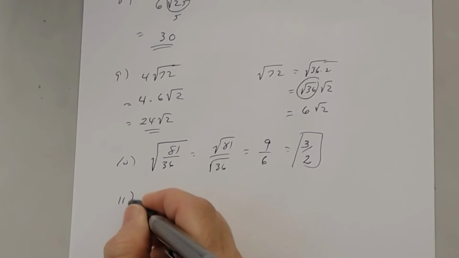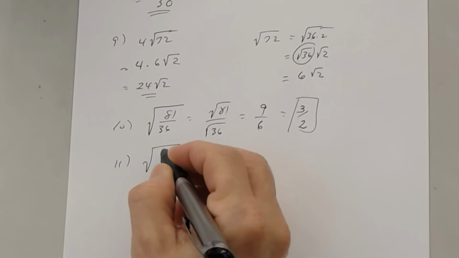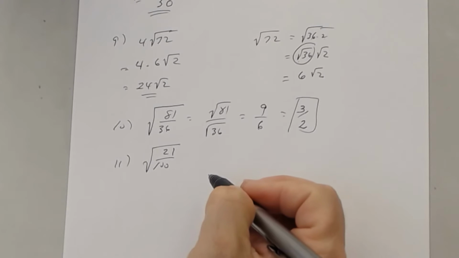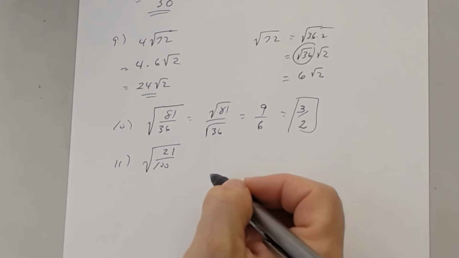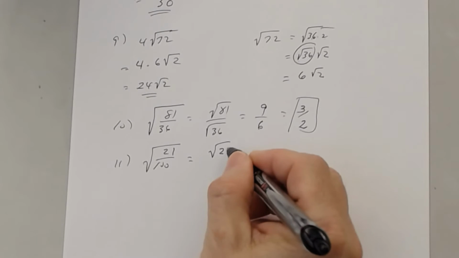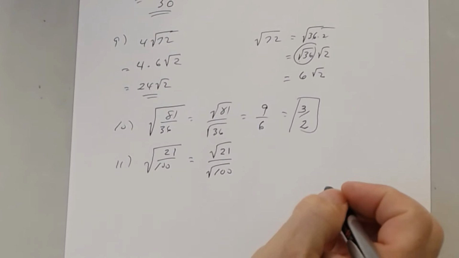Okay, number 11. You have the square root of 21 divided by 100. How are you going to write that? Write that step first. Square root of 21 divided by the square root of 100.